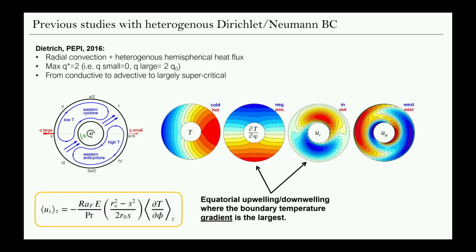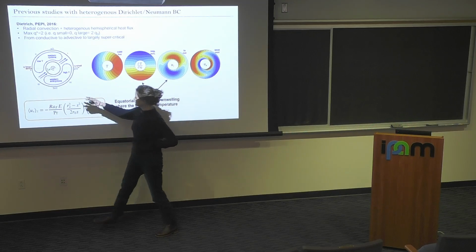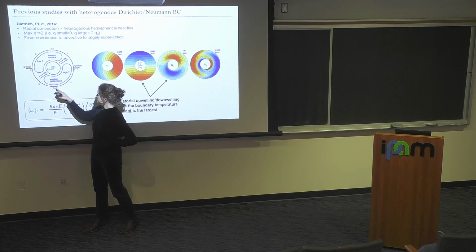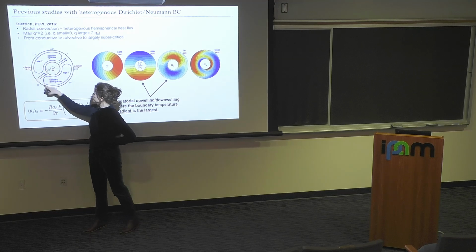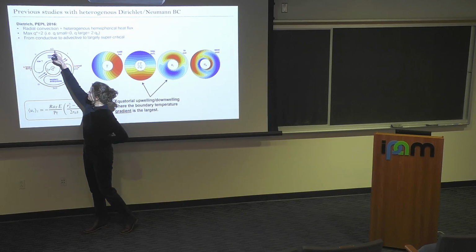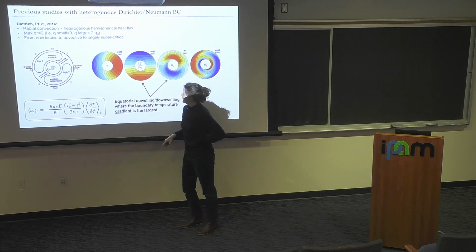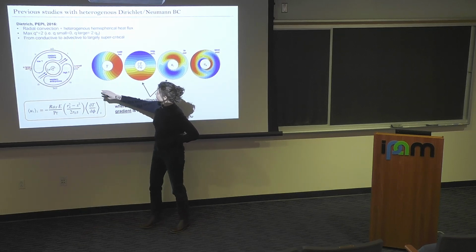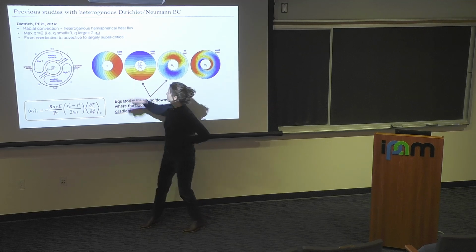So to illustrate this, I'm taking here some of their results. So this is the setup. We're looking at an equatorial slice. The imposed heterogeneity is basically a larger heat flux on one side and a smaller heat flux on the other side. So the temperature field that you get is the following: colder here, warmer here.